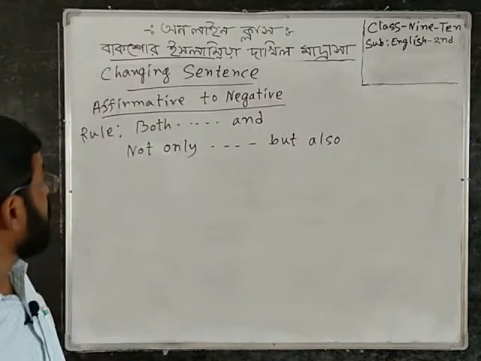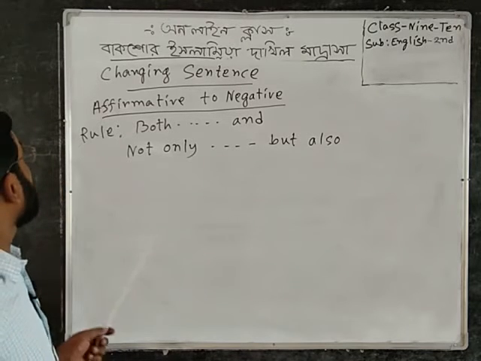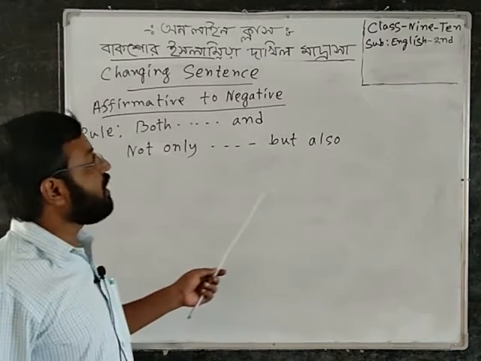If we can find both dash and in the sentence, then to change it into negative we can use not only dash but also.